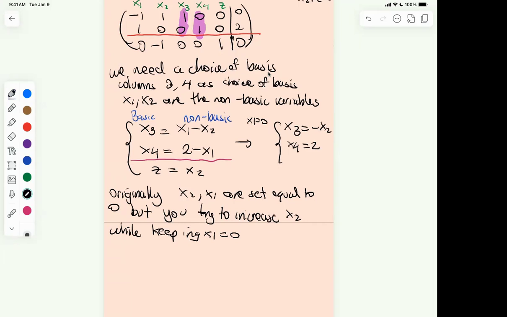So the idea is that x2 still needs to remain 0.